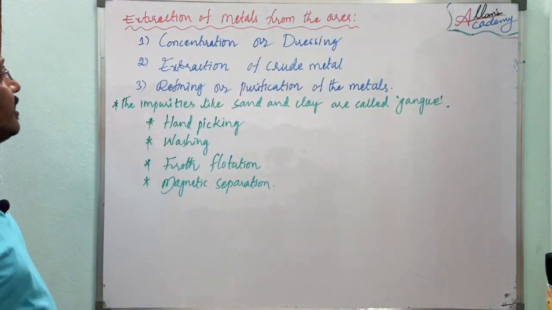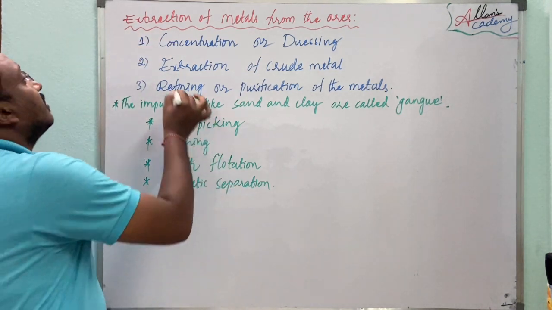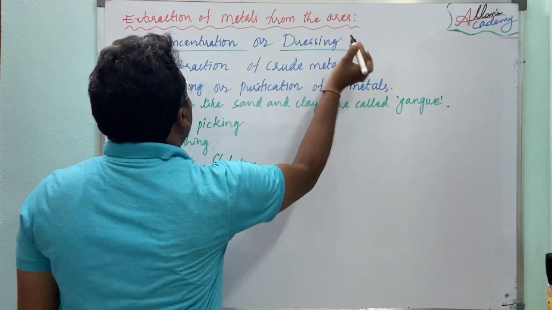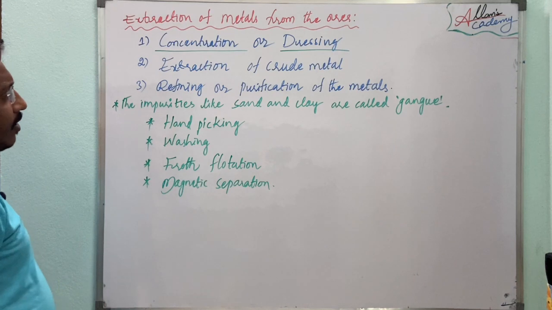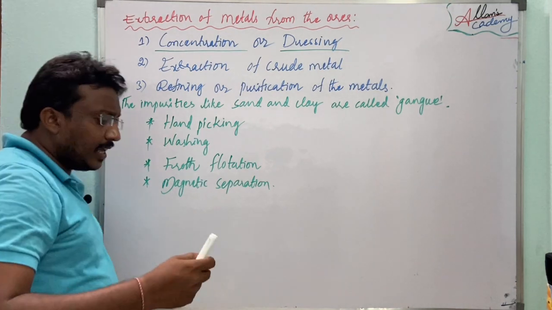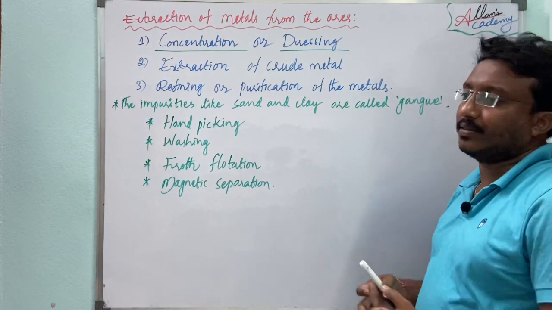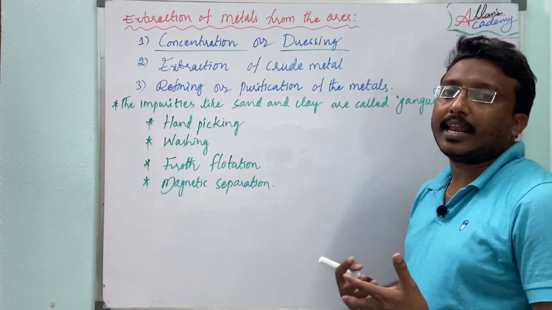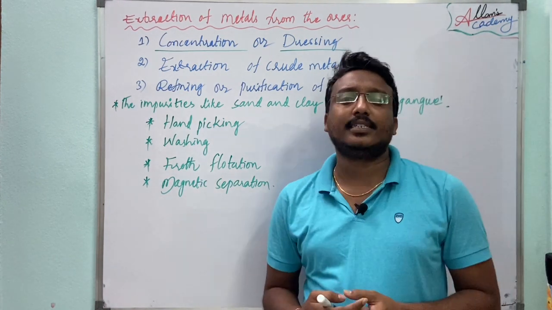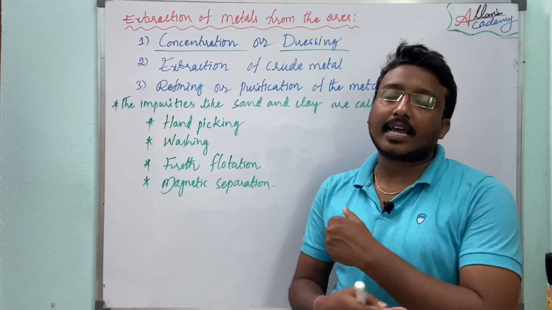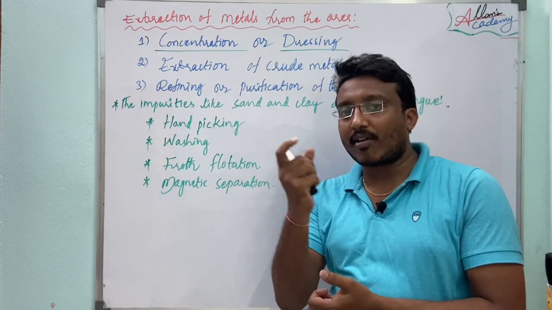Here first we are going to discuss concentration or dressing. Mostly we collect the ore from the earth's crust. Then it contains many impurities like sand and clay, and some small rocks.